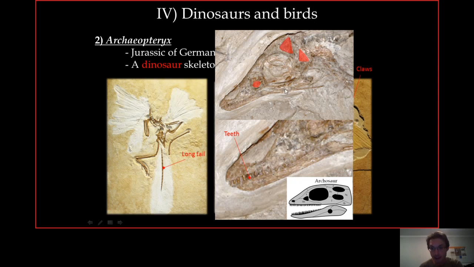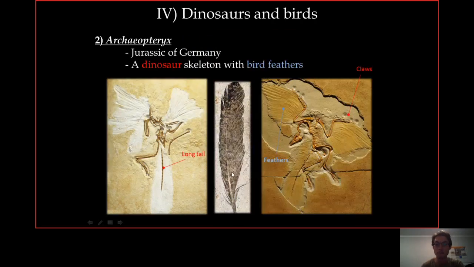On the mandible, the region where you could find the mandibular fenestra, unfortunately, is broken, so it's not easy to see. But the very presence of an antorbital fenestra already tells you that it is an archosaur skull, because only archosaurs have this antorbital fenestra. And also, if you look carefully here, you find teeth that are completely absent in birds.